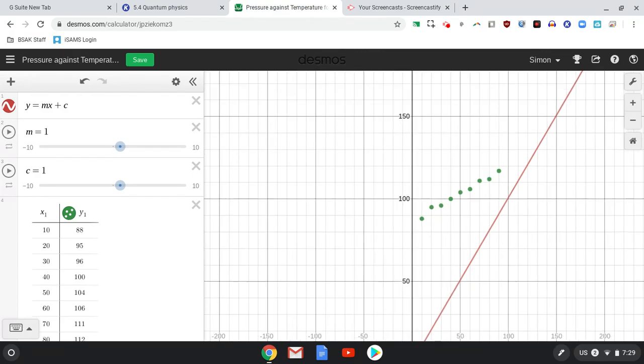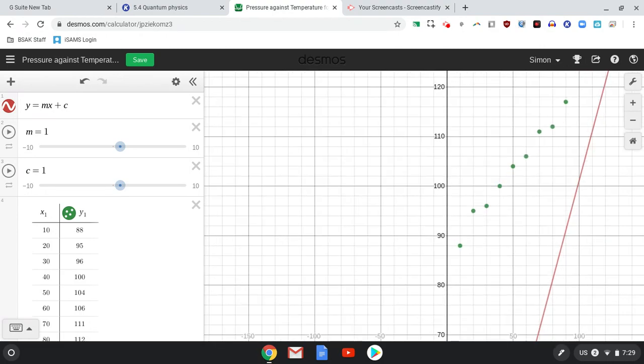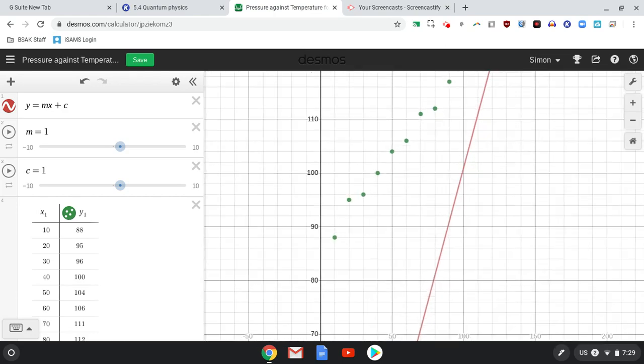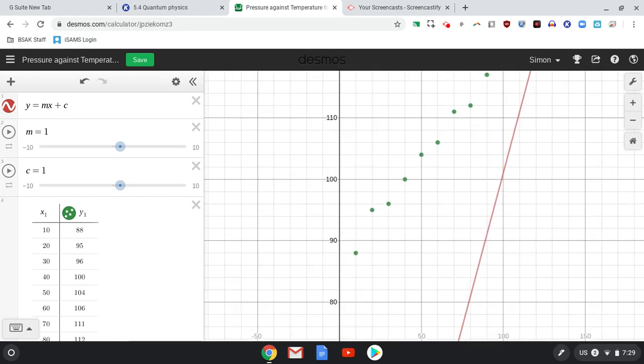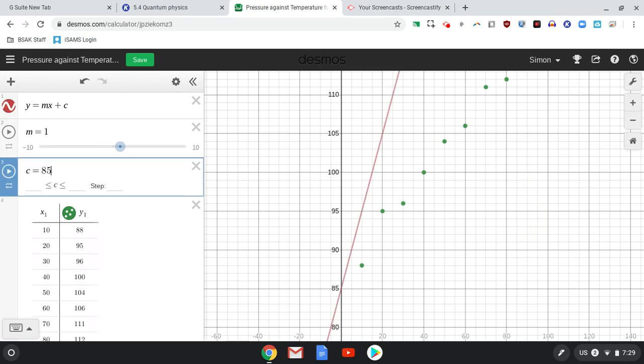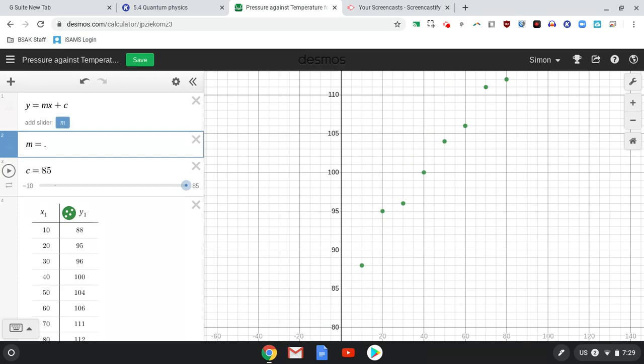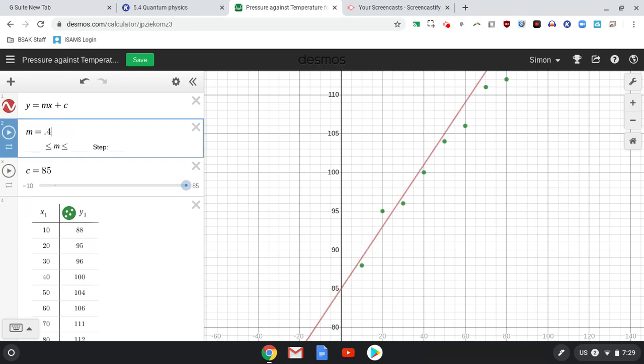Now, if you zoom in here, what's the y-intercept looking like here? Okay, the y-intercept, yeah, it's around about 85. So we can go in and write that immediately. And the gradient, okay, we can go down like this.